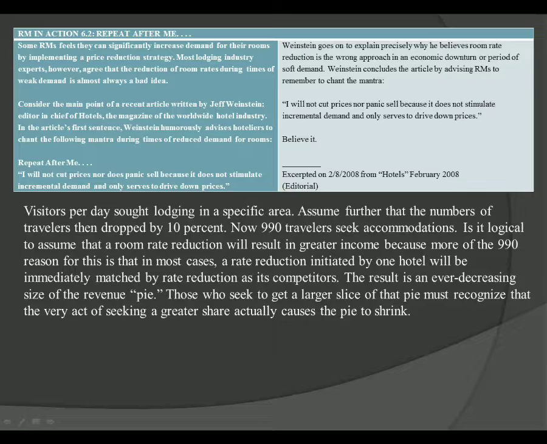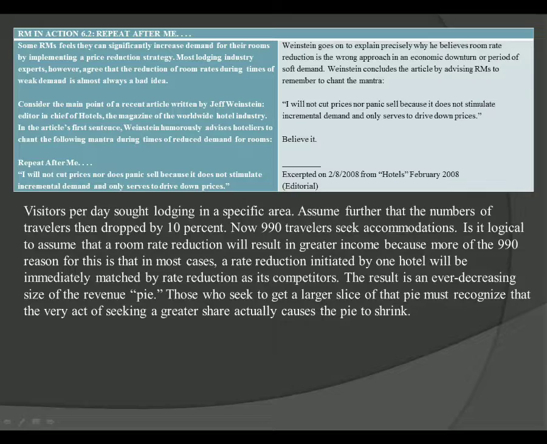Consider the main point of a recent article written by Jeff Weinstein, editor-in-chief of Hotels, the magazine of the worldwide hotel industry. In the article's first sentence, Weinstein humorously advises hoteliers to chant the following mantra during times of reduced demand for rooms: "I will not cut prices nor panic sell, because it does not stimulate incremental demand and only serves to drive down prices."